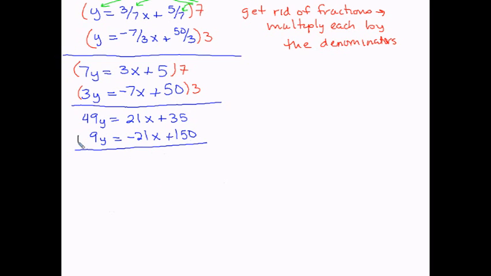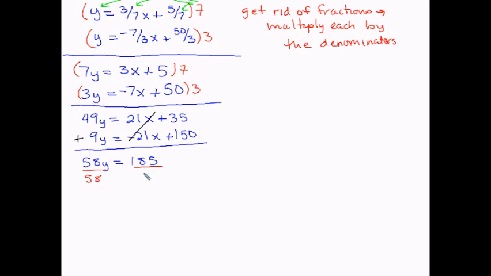Now I can add these together and my x's will cancel. 49 and 9 is 58y is equal to 185. Now this is not going to divide evenly. I'm almost 100% sure. It will surprise me if it does.